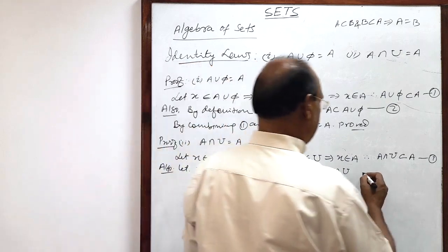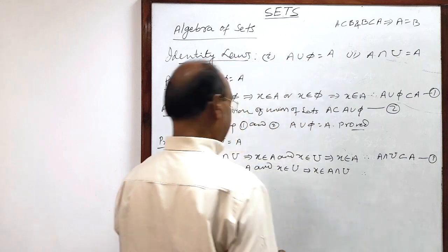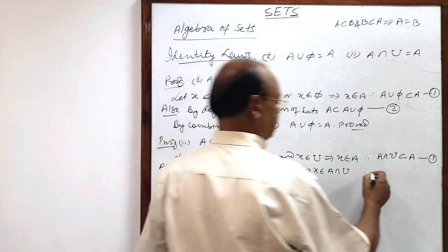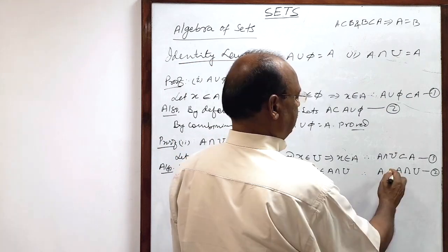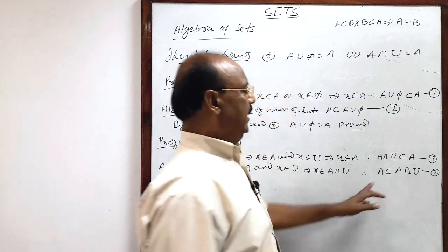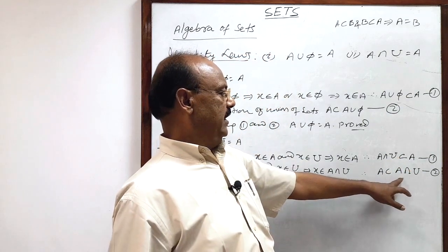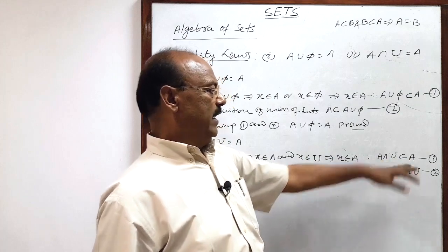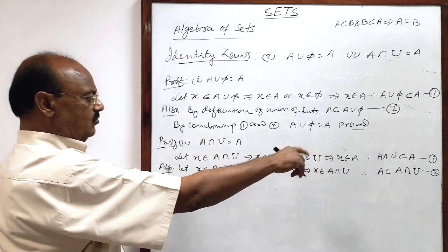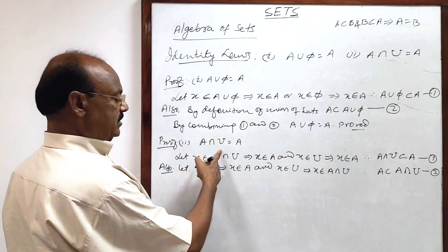So this shows that A is a subset of A intersection universal set. So by combining these two relations 1 and 2, we are coming to this result.